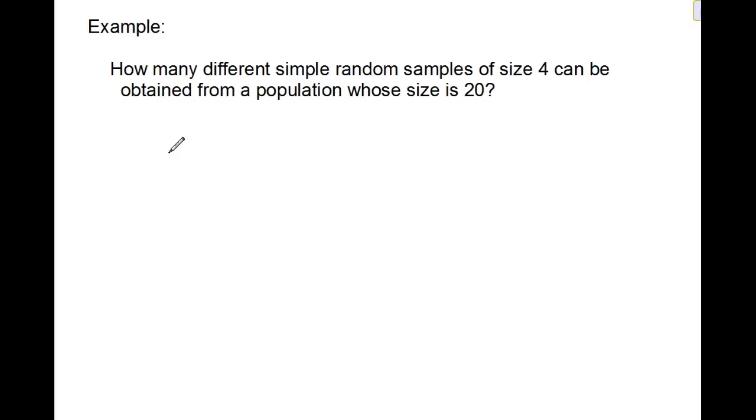How many different simple random samples of size 4 can be obtained from a population whose size is 20? When we're looking at simple random samples, it doesn't matter what order they're in. So we're going to take 20 combination 4. So that's going to be 20 factorial over 4 factorial times 20 minus 4 factorial.